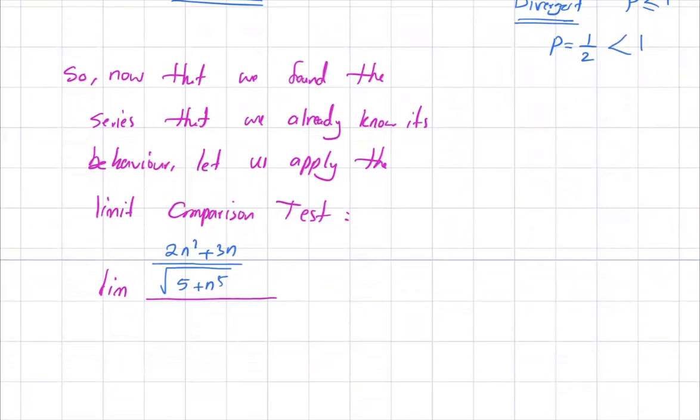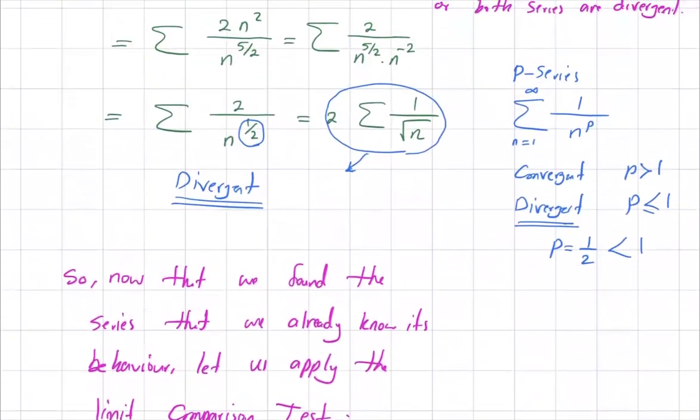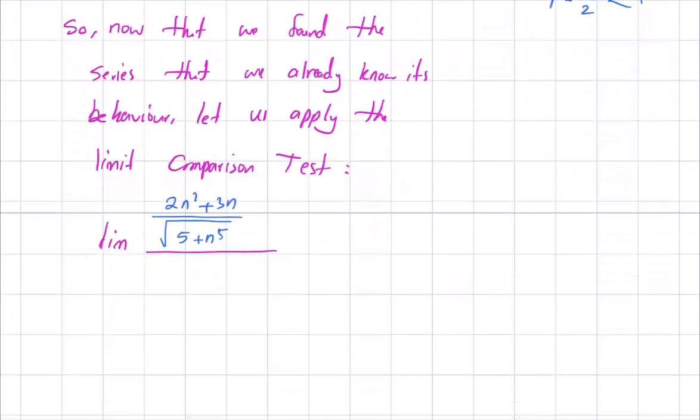And the second series that we found is 2 divided by square root of n, and n goes to infinity. Take the limit as n goes to infinity.